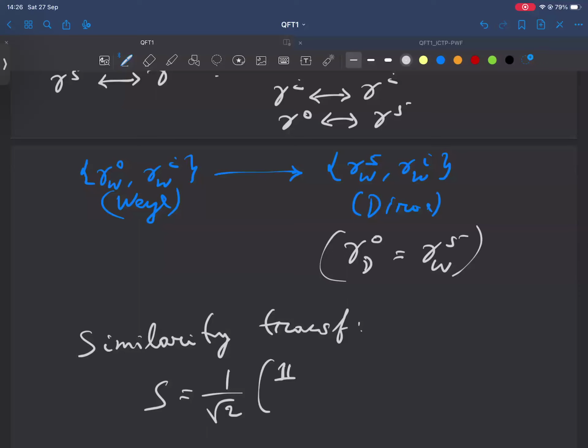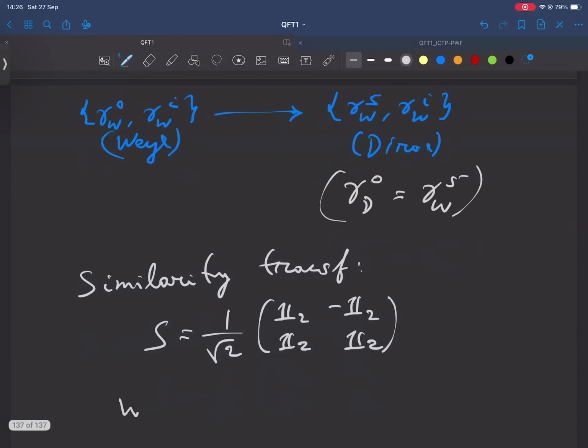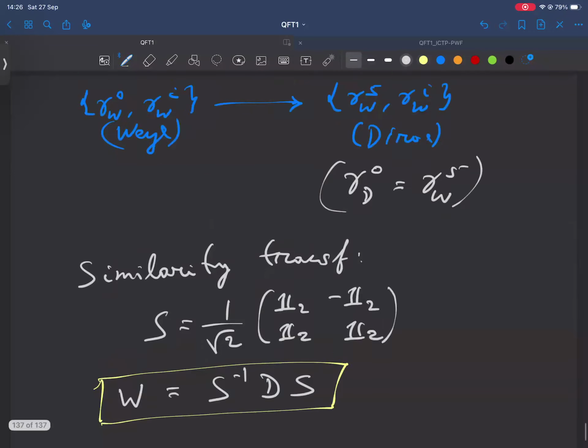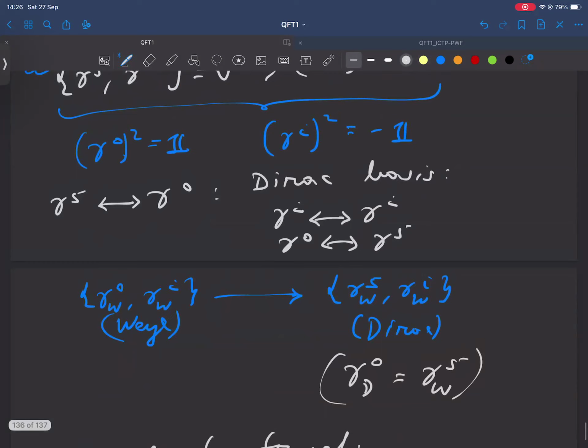So identity matrix 2 cross 2, minus of identity, identity, and identity. So it means that if you have the Weyl basis, this is S inverse, the Dirac basis, and S. So that S is this. So you can explicitly check that the two bases are related this way. But operationally, what it means is you just flip the gamma 0 to gamma 5 and gamma 5 to gamma 0, depending on if you go from one basis to another.